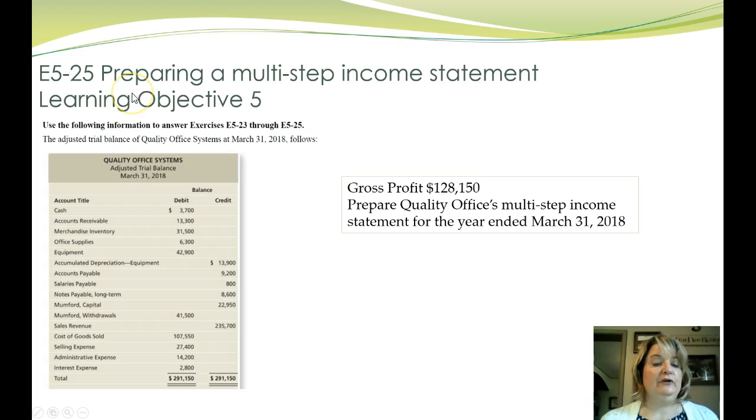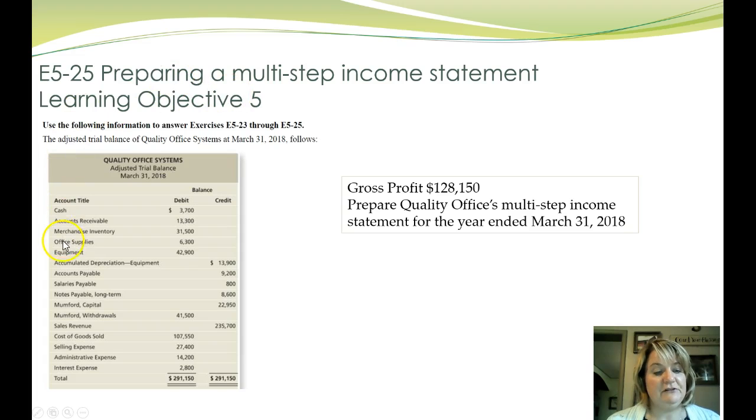And this is from learning objective number 5 from chapter 5. Learning objective 5 is, of course, preparing a merchandiser's financial statements. So the financial statements we're talking about are income statement, balance sheet, and statement of owner's equity. But for now, we're going to prepare a multi-step income statement.